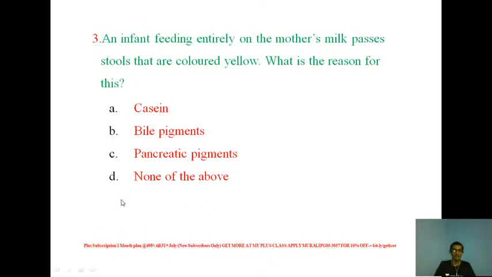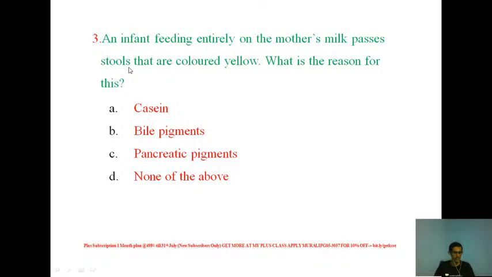And next question: an infant feeding entirely on the mother's milk passes stools that are colored yellow. What is the reason for this? After delivery, infants are normally given the mother's milk. The mother gives the milk regularly, and the stool refers to the fecal matter.